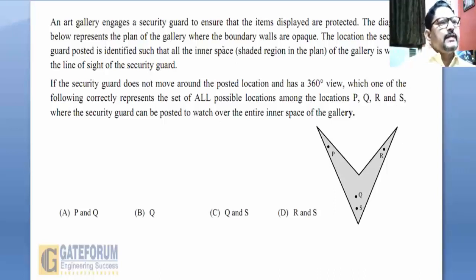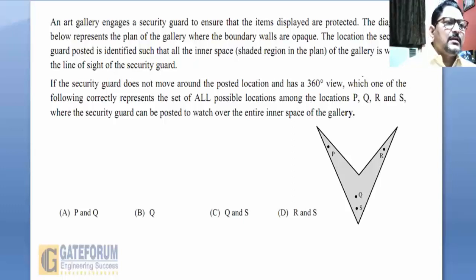Below is the plan of the gallery, where the boundary walls are opaque. The location the security guard is posted at is identified such that all the inner space, the shaded region of the plan of the gallery, is within the line of sight of the security guard.